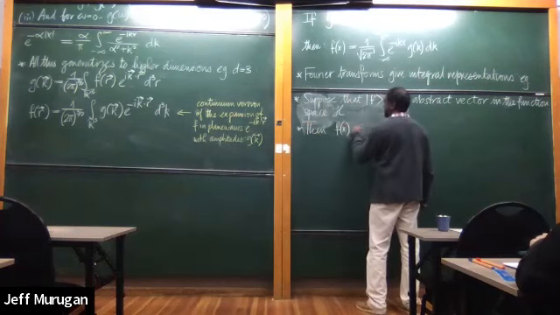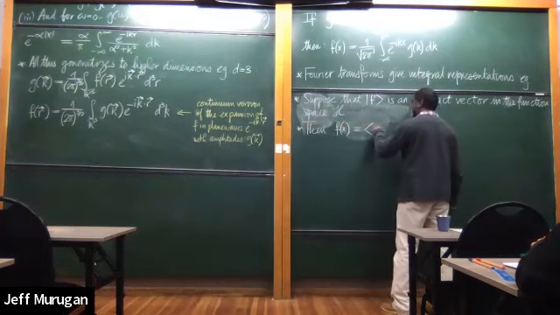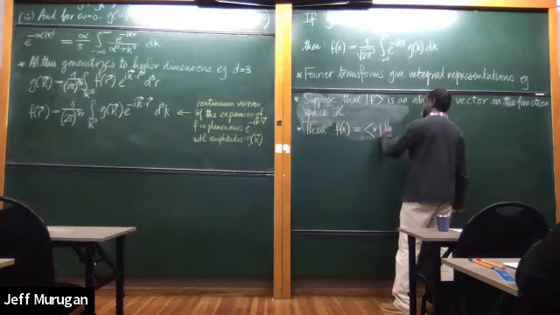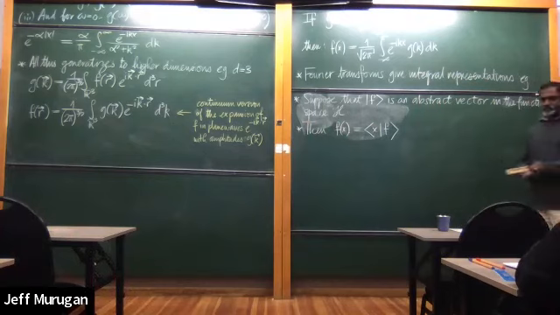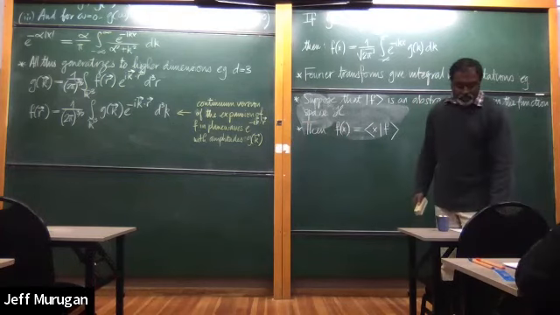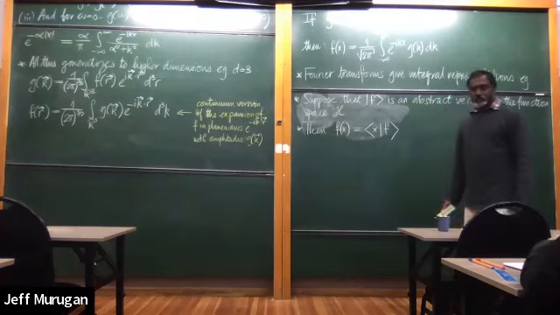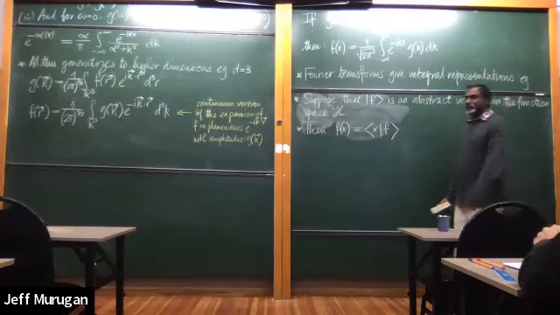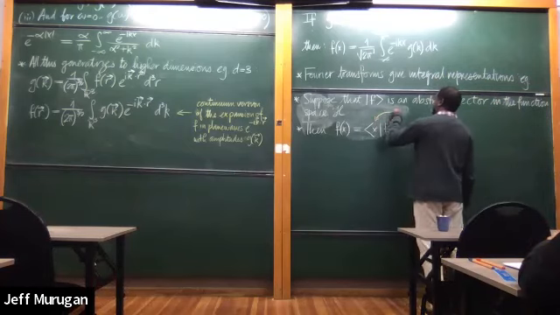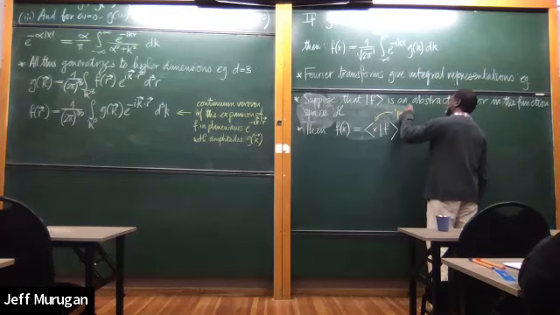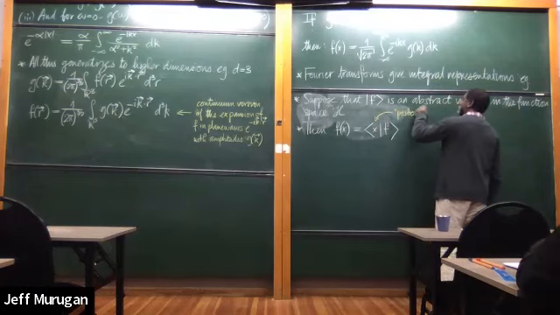So I can write f of x then as the projection, the inner product, of this function f onto the basis x. In the same way that you would express it for discrete vectors in a finite dimensional vector space. This is a position basis vector.